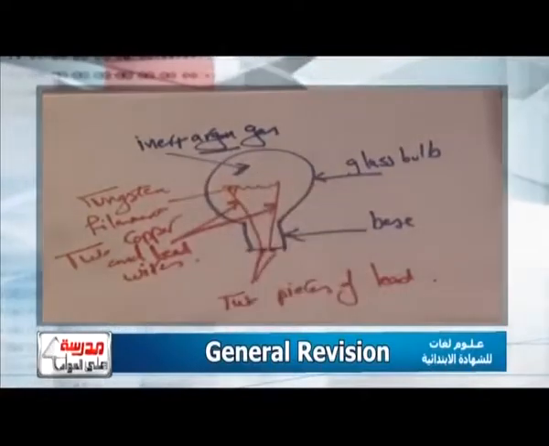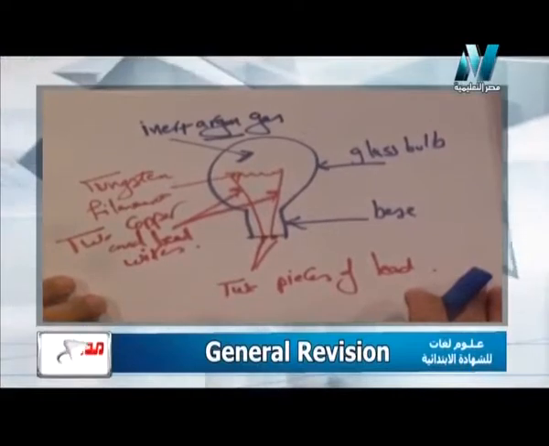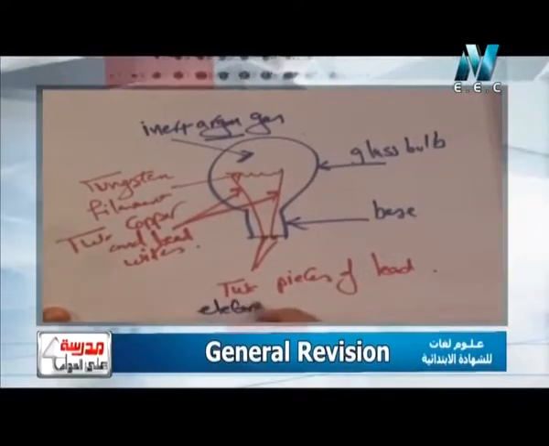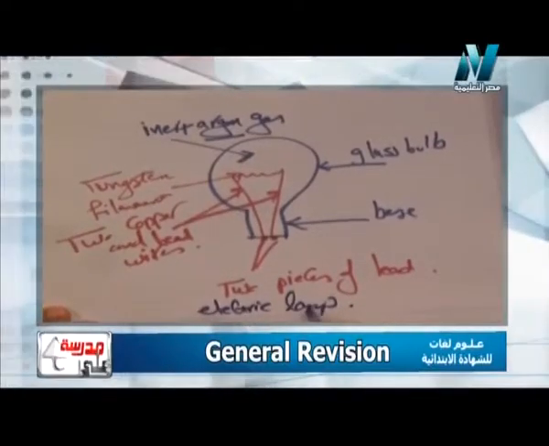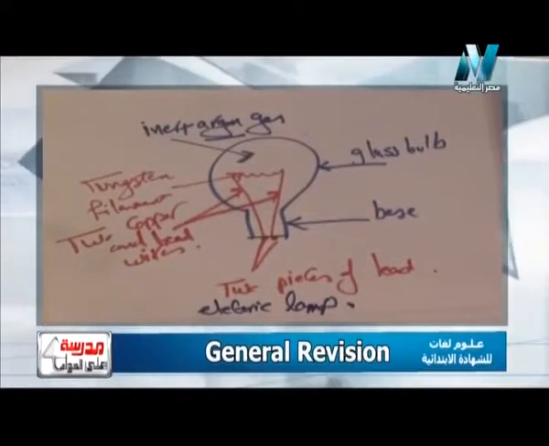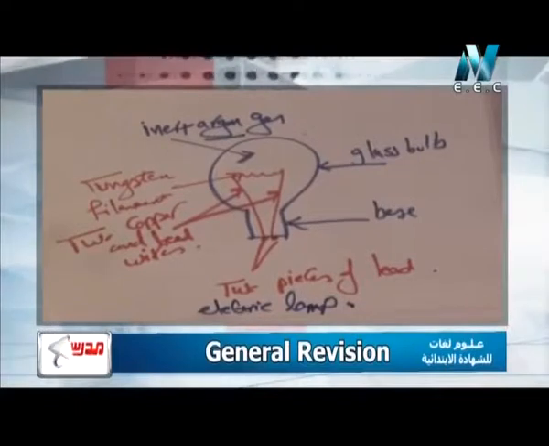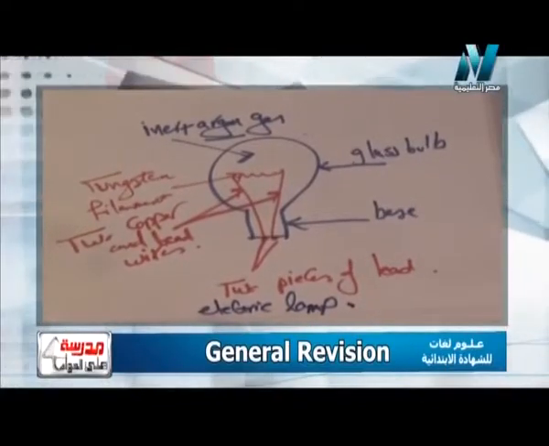So here is the electric lamp or the light bulb which we use in our daily life, and it's a very important tool. It also converts electric energy into light energy and also heat energy at the same time.